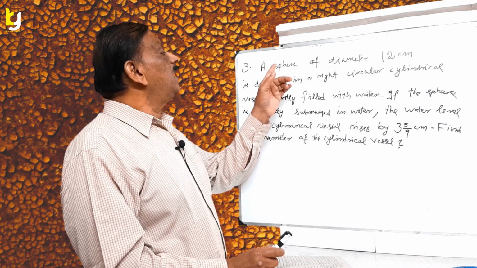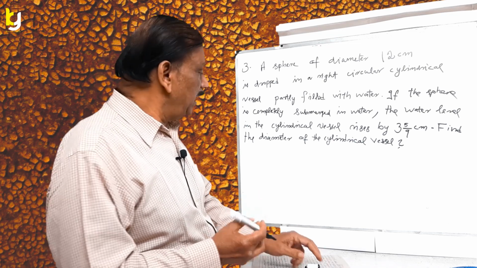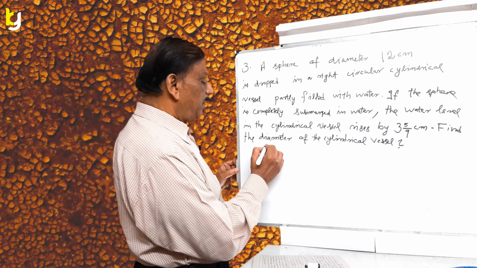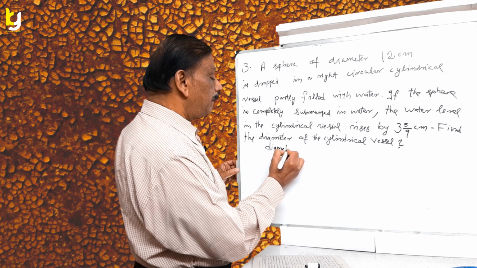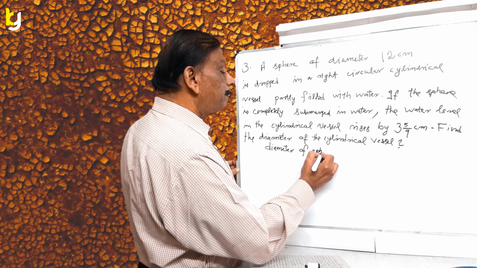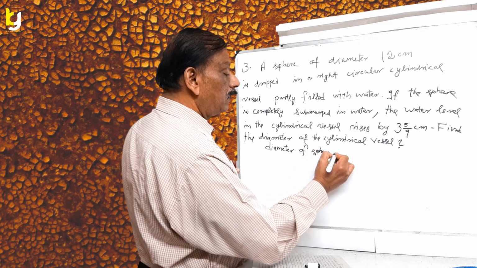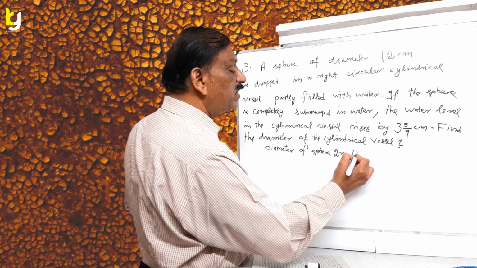See, diameter of the sphere is given. Diameter of the sphere, that is 2r, equal 12 centimeter.